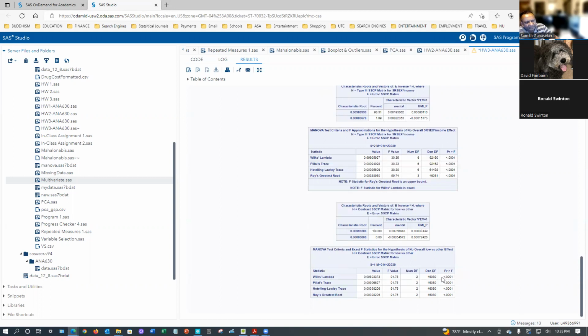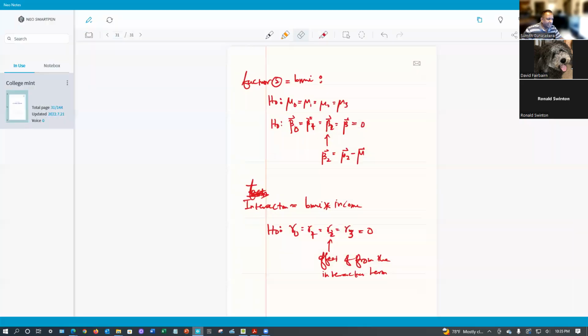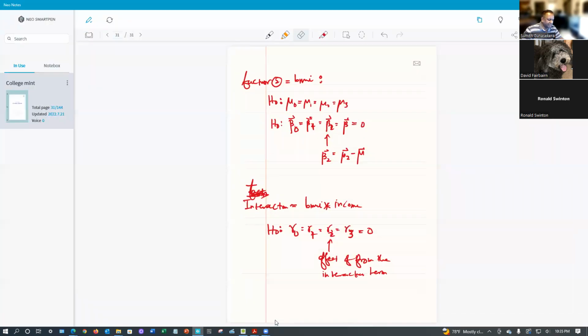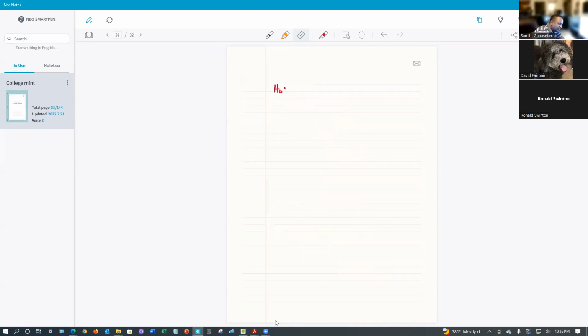P value. That means I'm testing a predetermined, pre-planned comparison, not between all, not mu1 equals mu2 equals mu3. I'm going to go to the linear combination. Look at the psi.